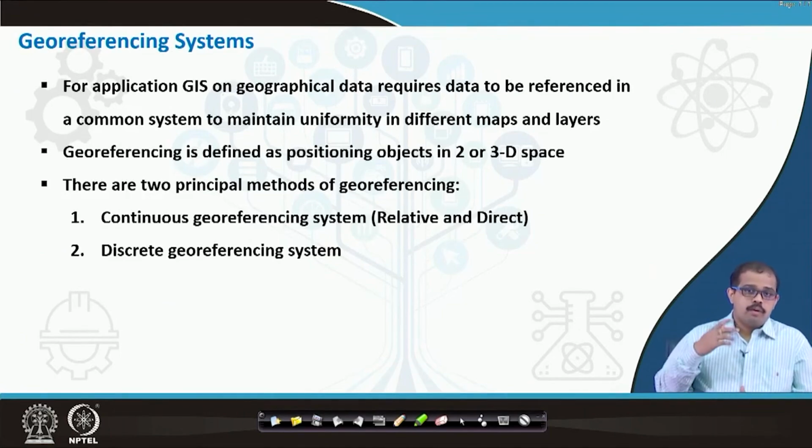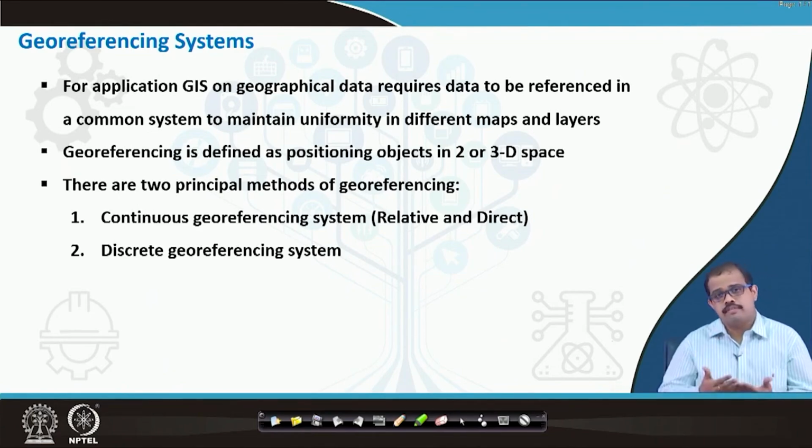Now, once we have understood what a query is, we will do certain queries when we look at the database functions in a software. We will first take up a system and show you how you georeference a particular file, then how you add attributes to a particular file, then, if you want to do certain analysis inside the attribute table, how you do it, how you retrieve that information, how you show it as thematic data, and how you query thematic data.